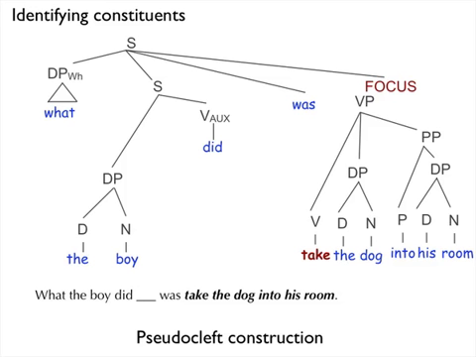Right? Yeah? Can you do something similar? Like what? Say it was the taking the dog. Sure, but then you've transformed that. He did. It was the taking the dog into. I don't think they can do that, but it's the same thing. Yeah, sure, but you would have to do a bigger change there, right?